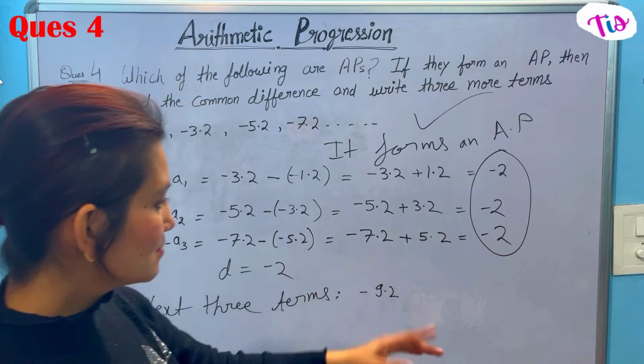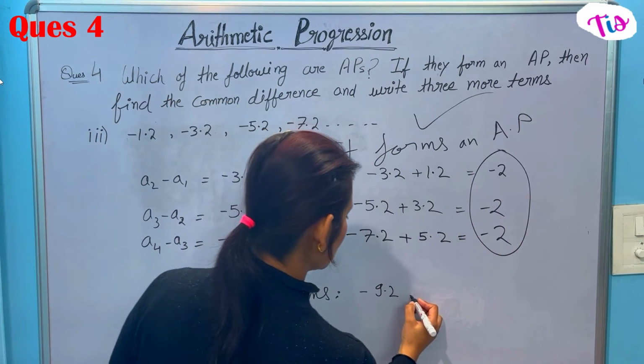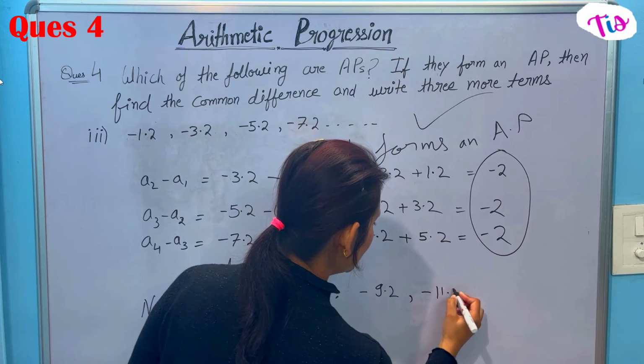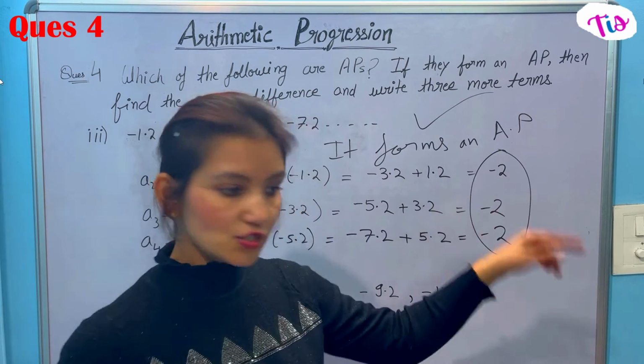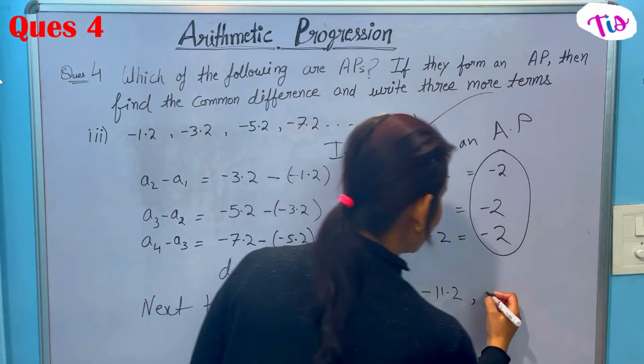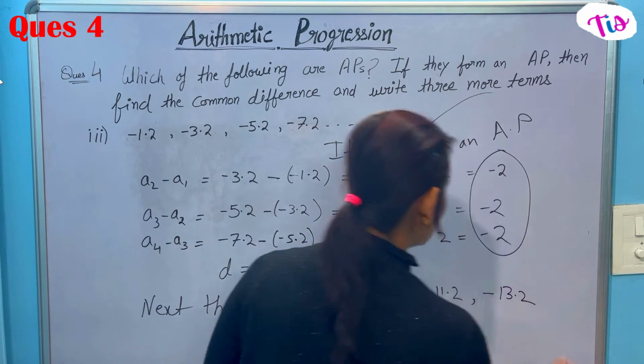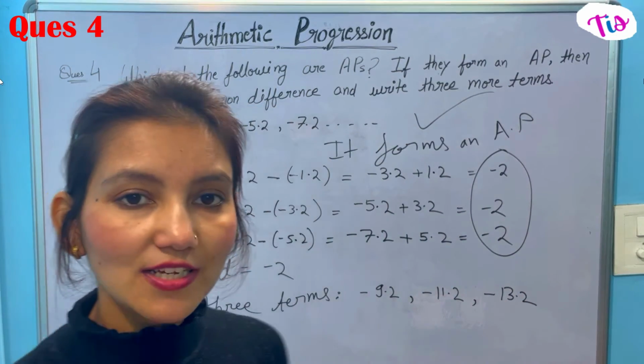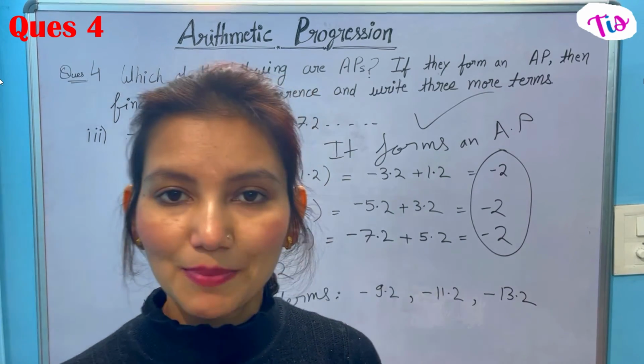Again add minus 2, so the next term would be minus 11.2. And again add minus 2 to it, it will be minus 13.2. Simple.